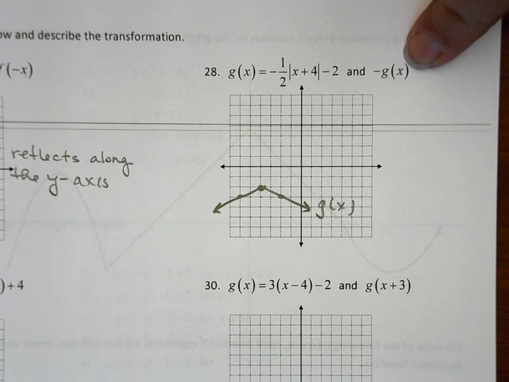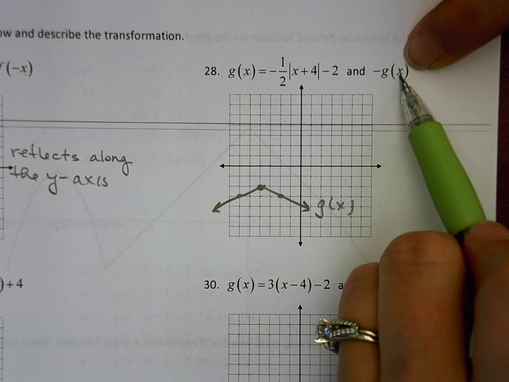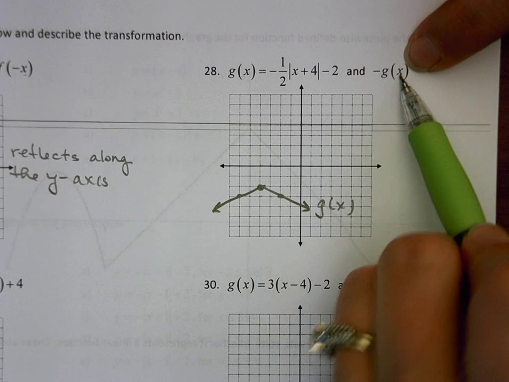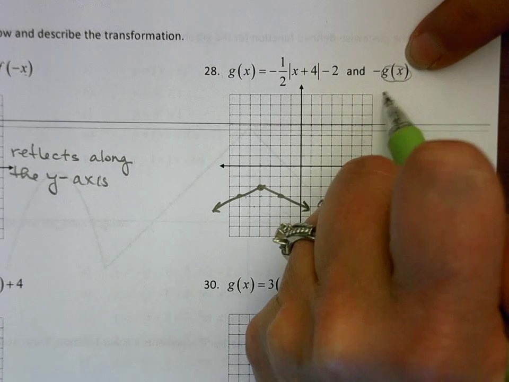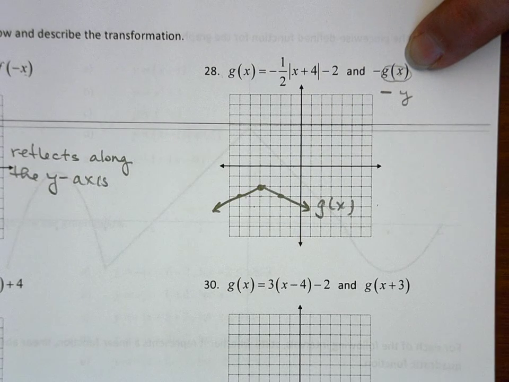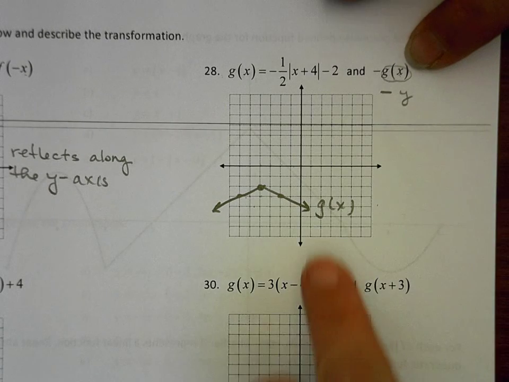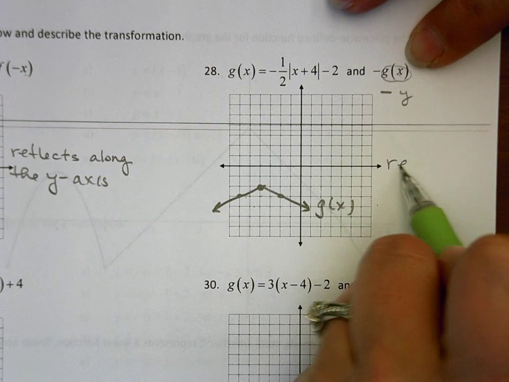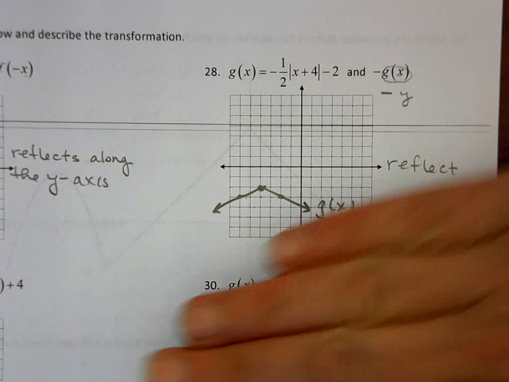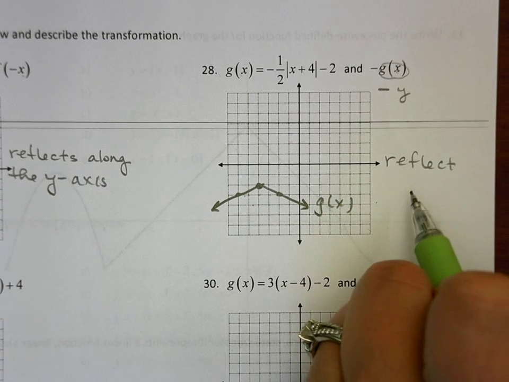So x is not negative, right? X is not negative. So my x's are not going to go opposite. Remember, this means y, so that's -y. So that means my y values are going to be opposite. Anything that's negative will turn positive. So that means it's going to reflect, but mirror up into the x, or along the x.